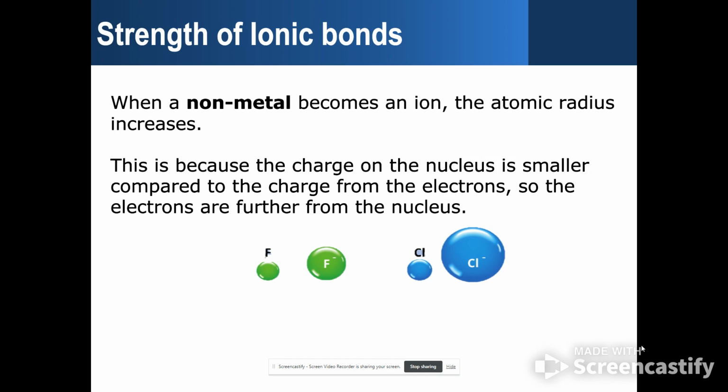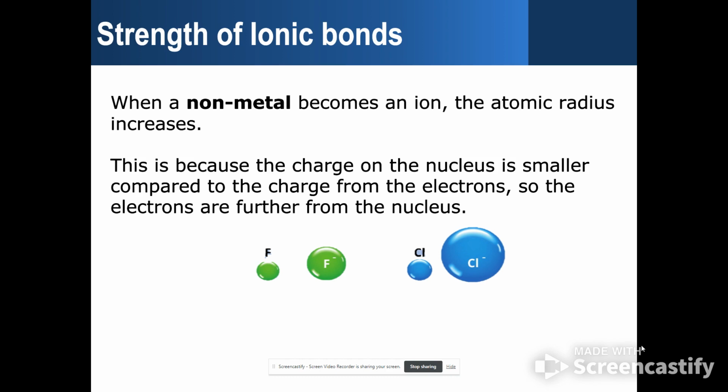The opposite is true for non-metal ions, as they gain electrons when they form an ion. So non-metals are gaining an electron. This weakens the attraction to the nucleus because they now have more electrons than protons. This means their ionic radius increases. Here you can see a fluoride ion and a chloride ion.